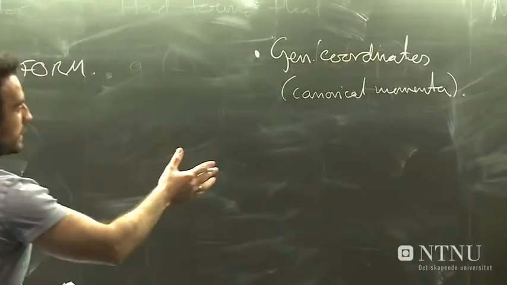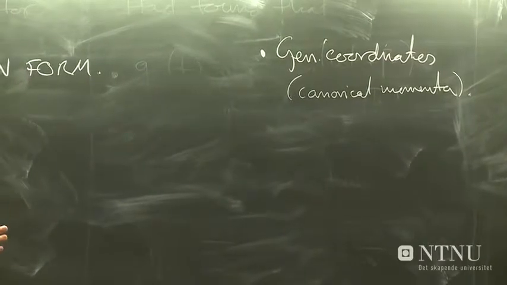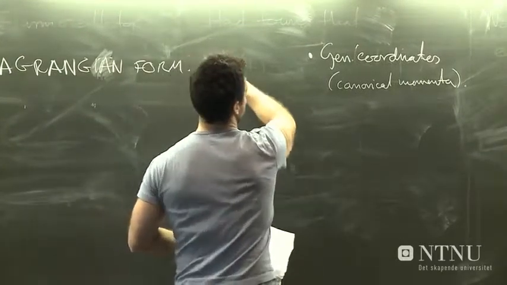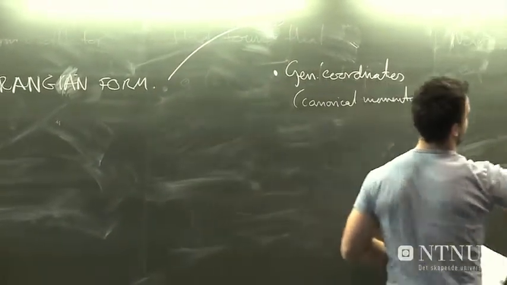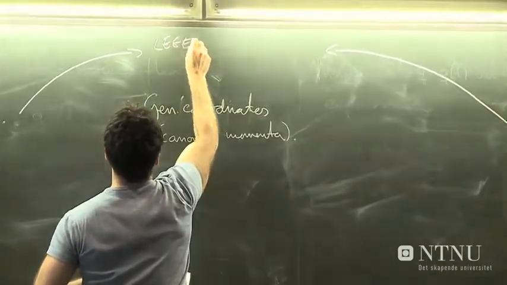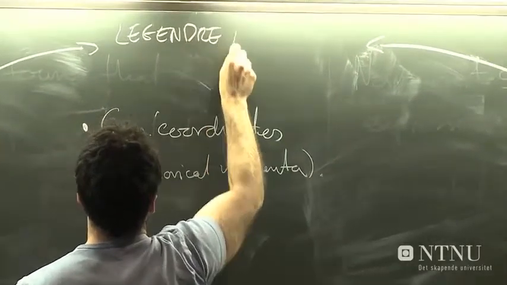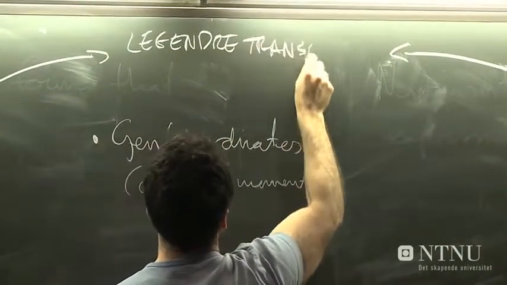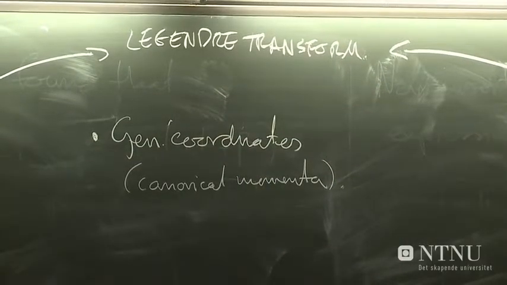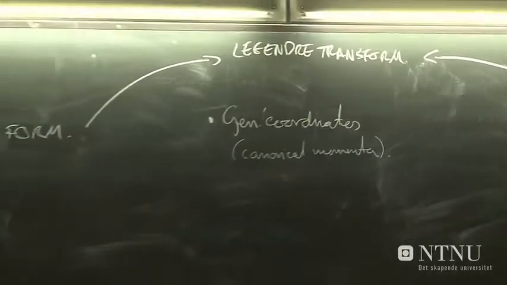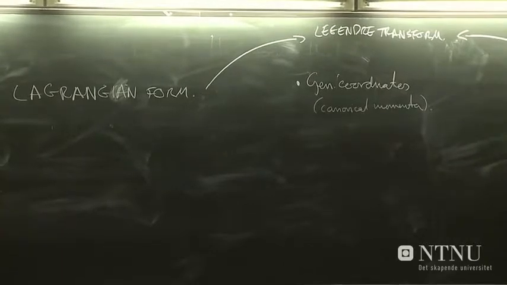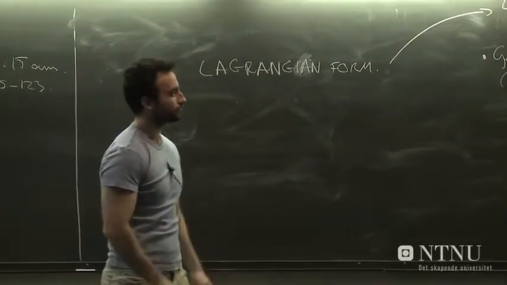Now, the way that we move between the Lagrangian and the Hamiltonian formalism is by means of the Legendre transformation. Where essentially the Lagrangian is obtained by subtracting from the Hamiltonian the product between the two variables we want to interchange or exchange.